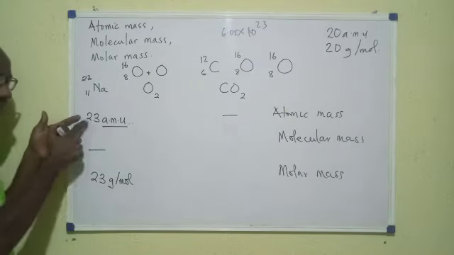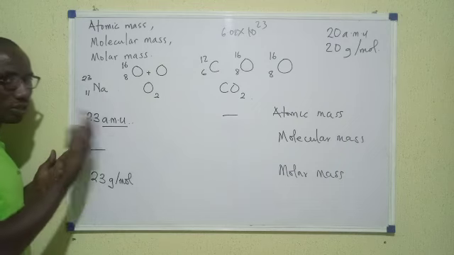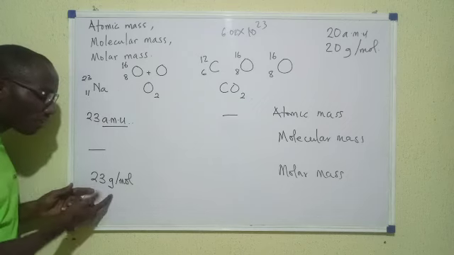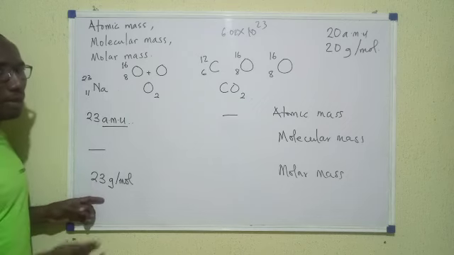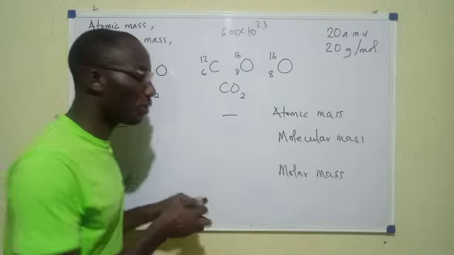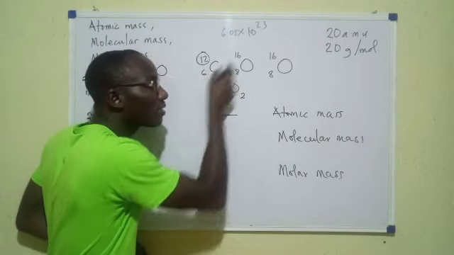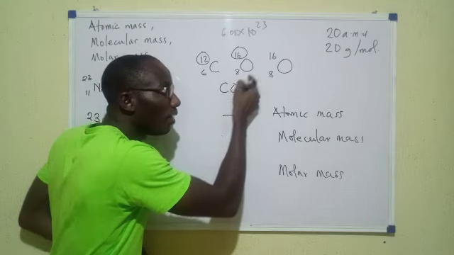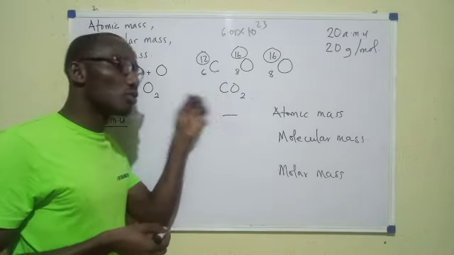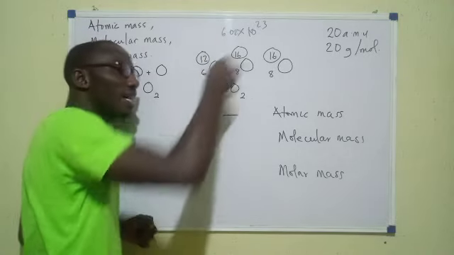So look at this now. For sodium, it has an atomic mass 23. It has no molecular mass because it's not a molecule. It doesn't form molecules. But that 23, which is the atomic mass now, can be expressed in gram per mole to become the molar mass. Then in the case of CO2, it doesn't have an atomic mass, but it has a molecular mass. Its molecular mass is 12 AMU plus 16 AMU plus 16 AMU, which means the molecular mass of CO2 will be the sum of the atomic masses of the different atoms that make it up.